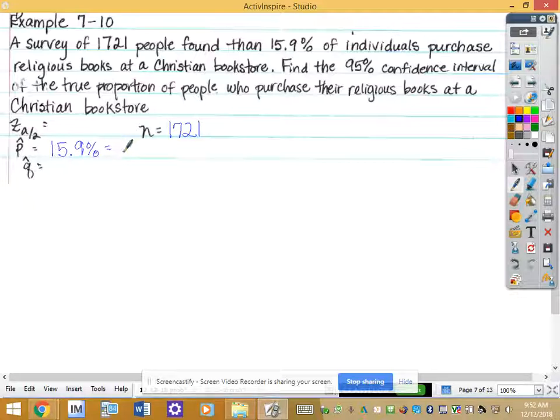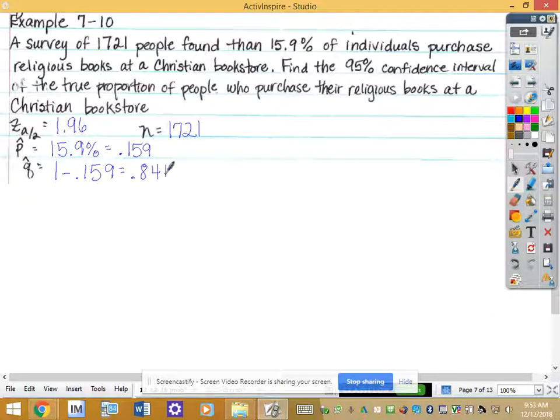So I need to turn that into a decimal first, so that's 0.159, and I want a 95% confidence interval. So remember the number for 95% is 1.96. I need to find Q, which is 1 minus 0.159, which is 0.841.